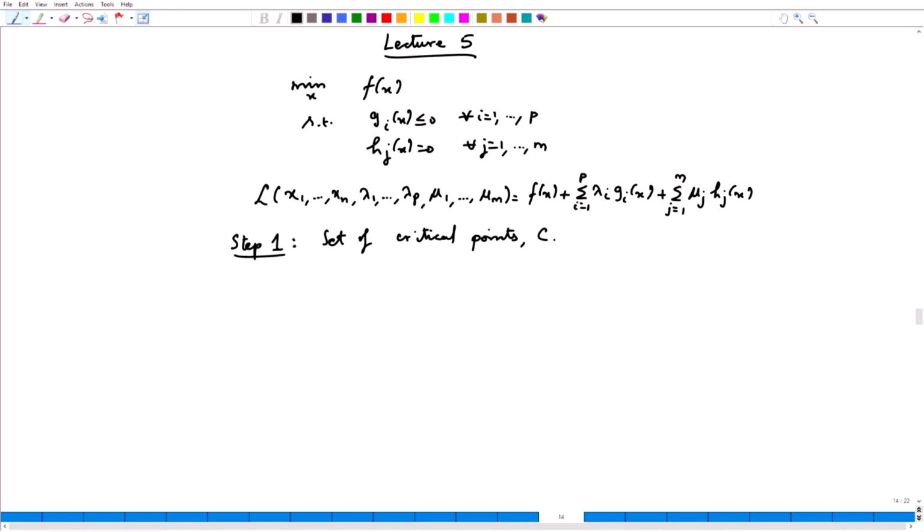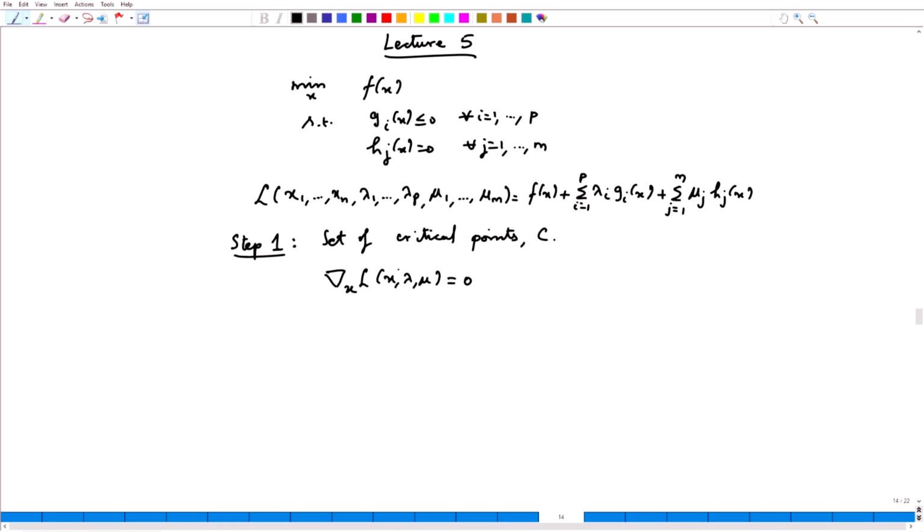It is the set of points that satisfy the following set of constraints. What are they? So, take the gradient of L with respect to x, okay, and equate it to 0. Okay. So, this will give you n constraints.